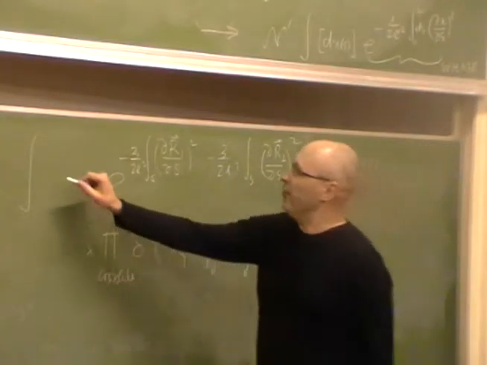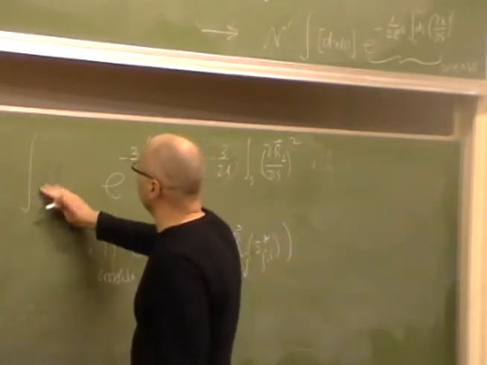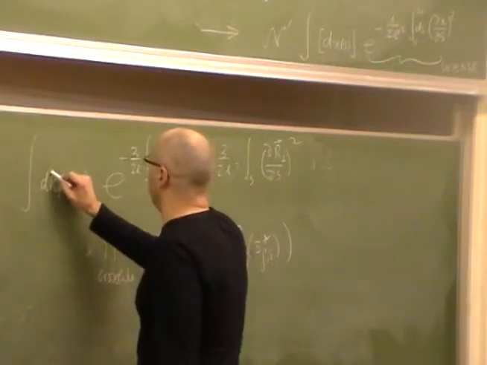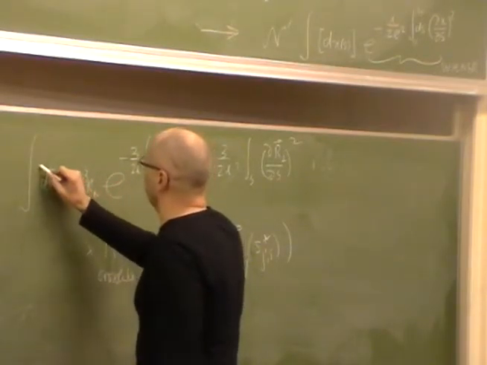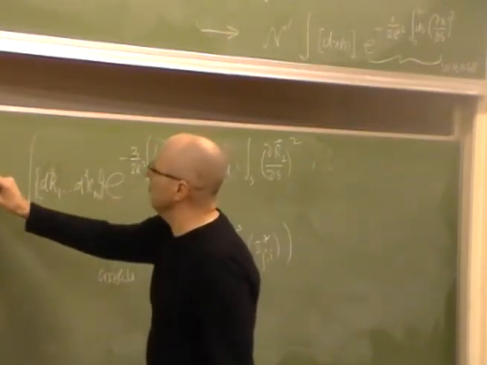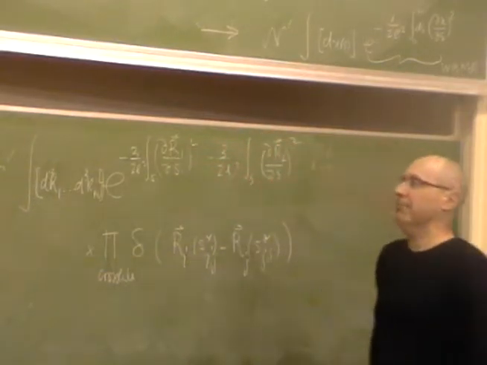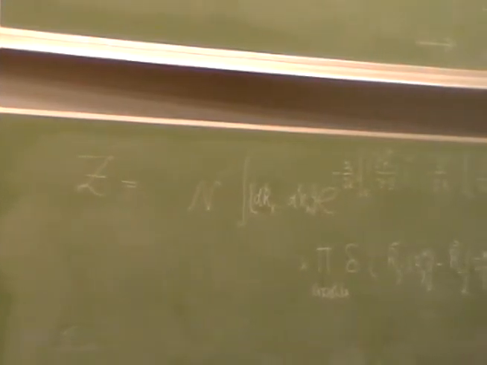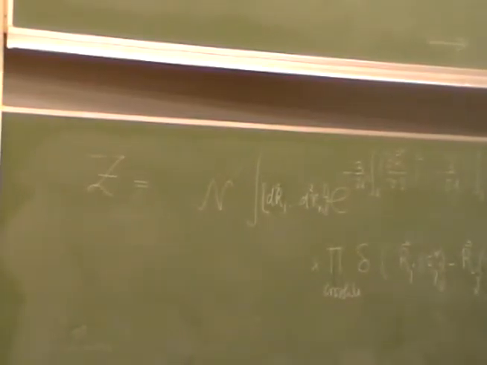You'd have to integrate over all of the chain configurations, so you do some functional integral over all of the chains that are available in the system. So the Boltzmann weight of these chains is something that looks like the entropic springiness of this. You've got all of these constraints.